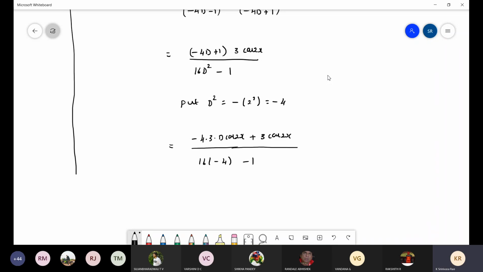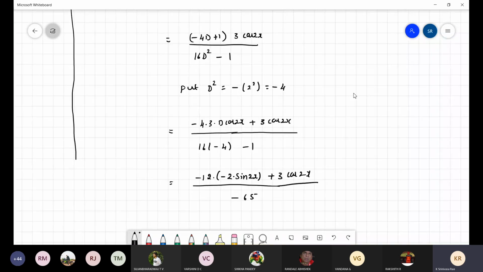So finally what you will get: minus 12, 4 threes are 12. Differentiation of cos 2x is minus 2 times sin 2x, plus 3 times cos 2x, by 16 fours are 64 with minus 1 is minus 65, the denominator.